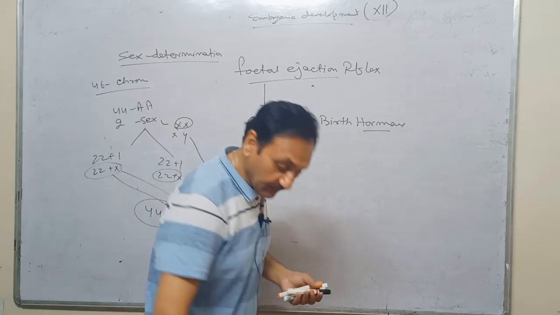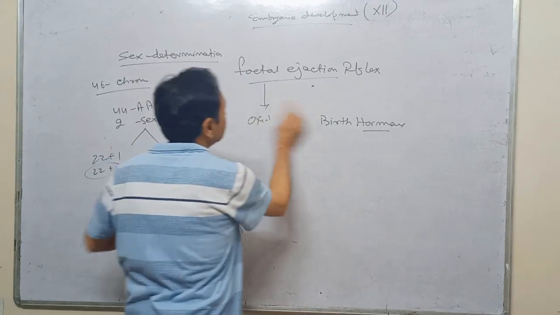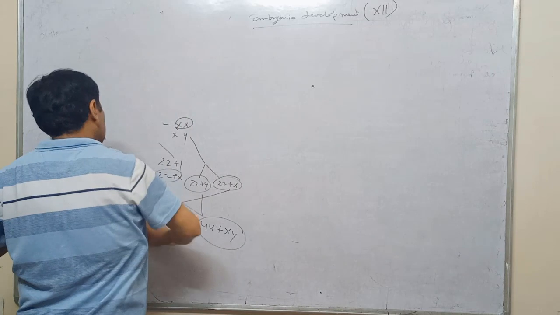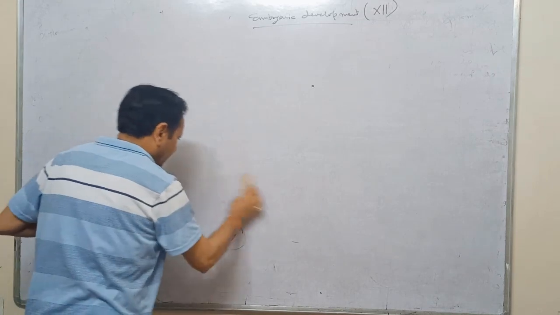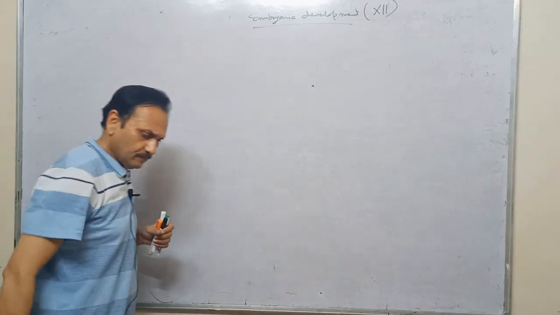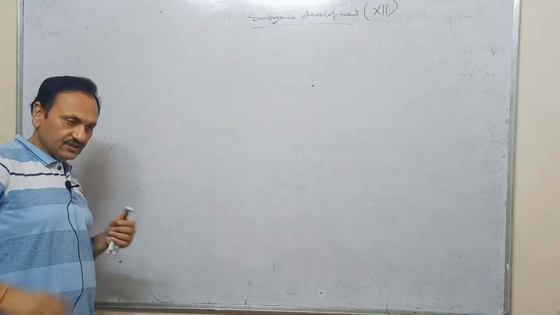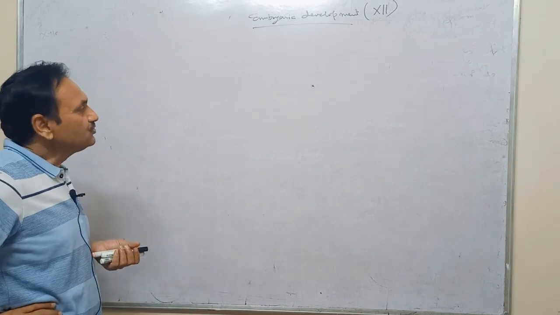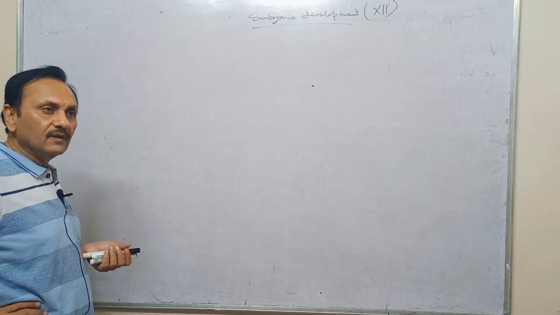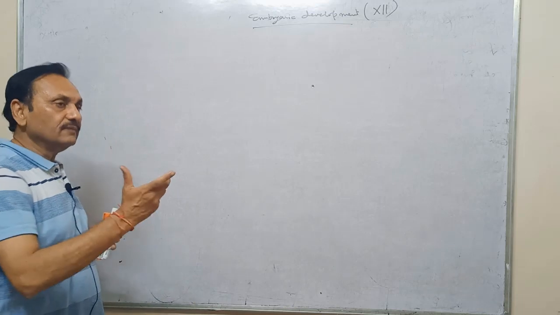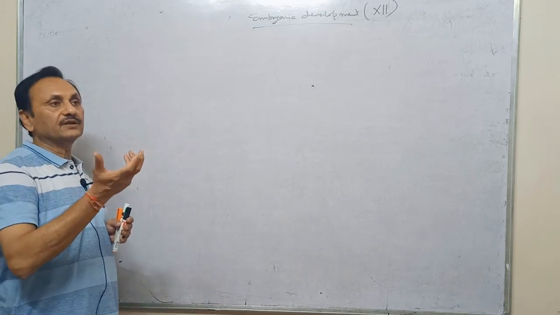After the birth of the baby, as we have discussed previously, when a female reaches a particular age, FSH starts, then estrogen and progesterone start, and the size of the mammary gland also starts increasing.